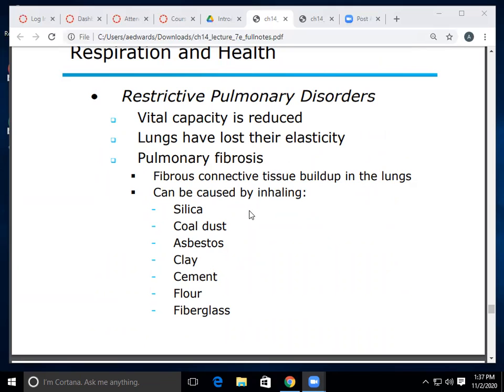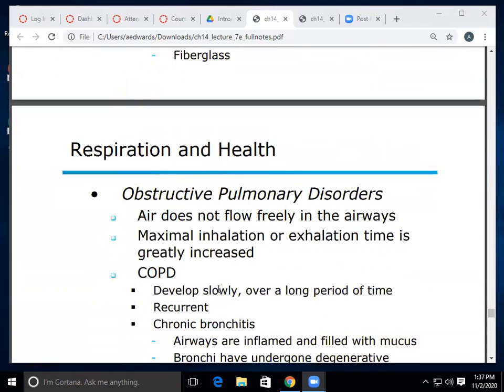Your connective tissue in your lungs isn't supposed to be fibrous, it's supposed to be flexible. It can be caused when you inhale things like silica or coal dust, asbestos, clay, flour, cement, fiberglass. So this can be an occupational hazard in some industries.